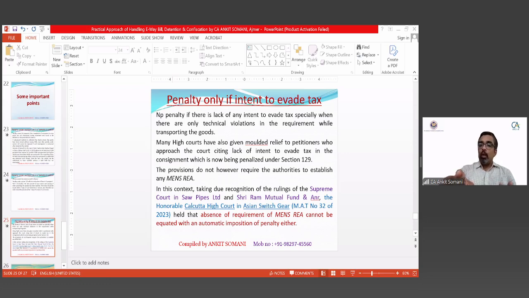This is again a very promising judgment, whereby proper procedures were not followed by the officers, and hence the order levying tax and penalty was set aside.